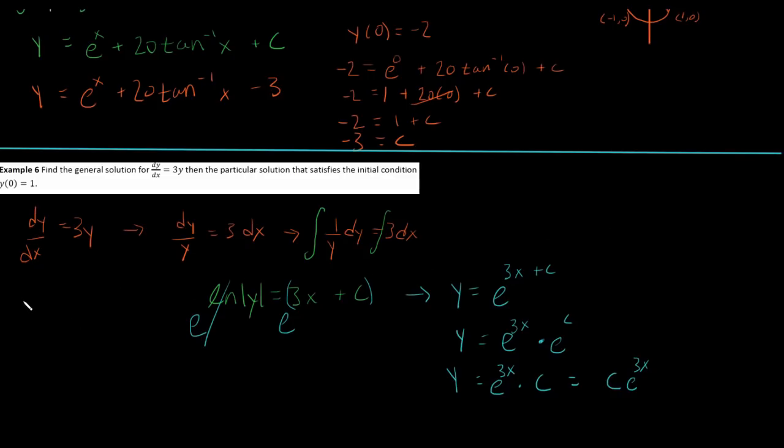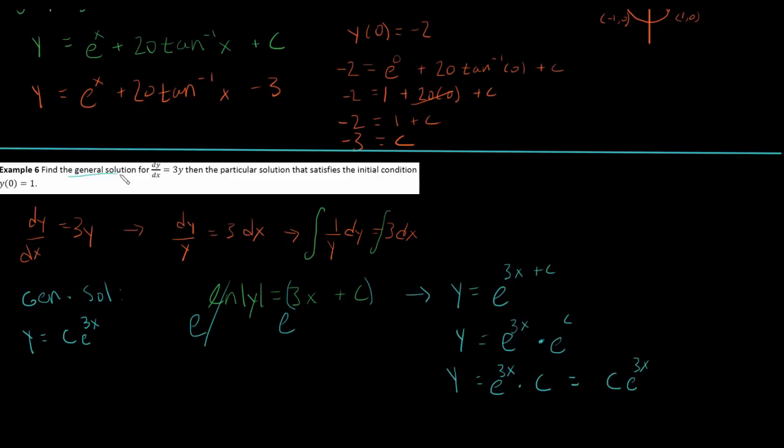So our general solution is y is equal to c e to the 3x. I think the reason an equation like this is so cool is that, just looking at it, most people don't go, oh hey, an e is going to show up, but there it is.